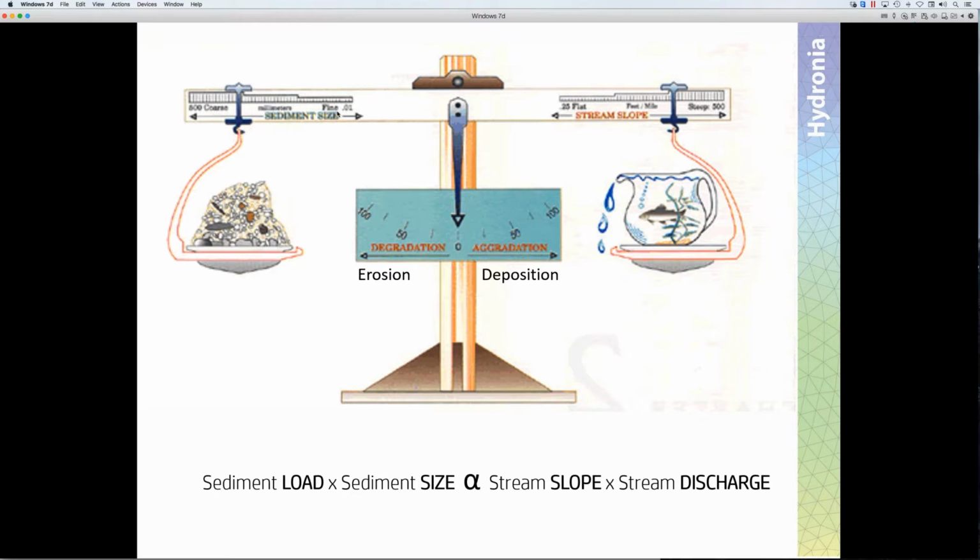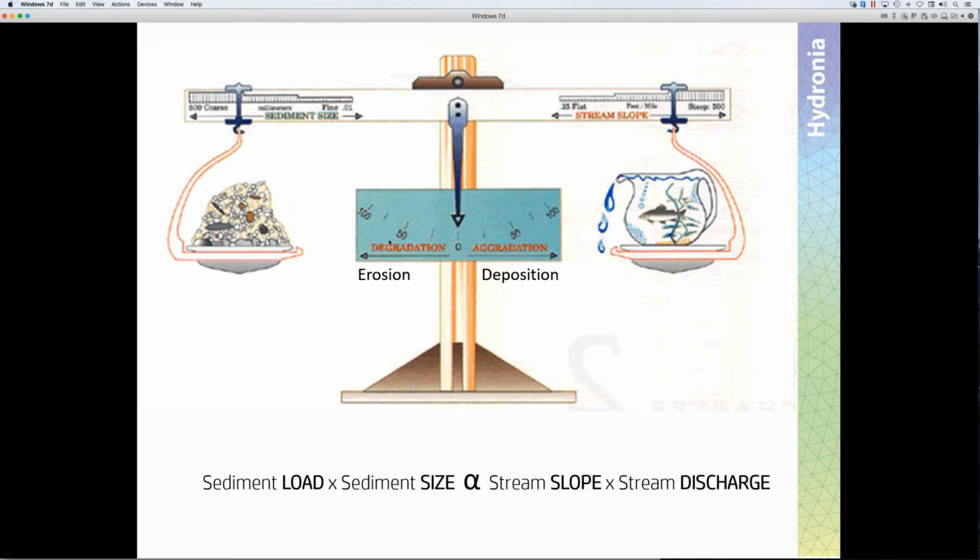So this is idealized in this apparatus here, where you have the different factors: sediment load on one side, sediment size, stream slope, and stream discharge. And you see here that you can move these weights based on the different factors. So you can decrease the stream slope, increase the sediment or decrease the sediment size, and so forth.